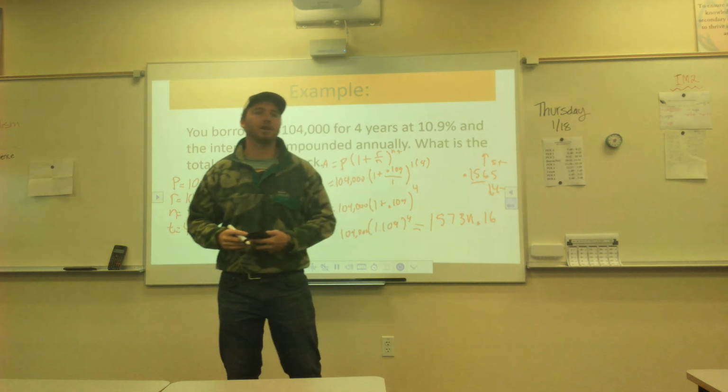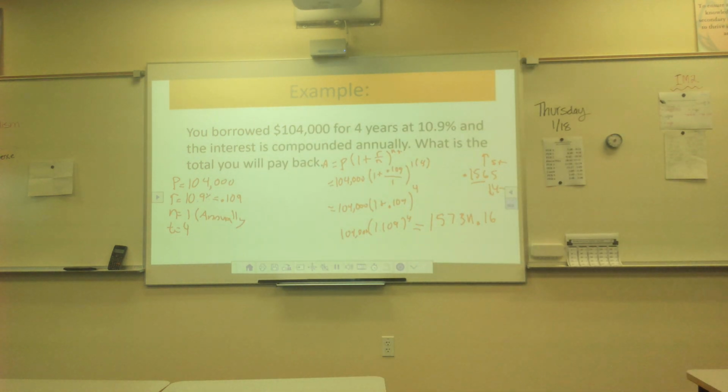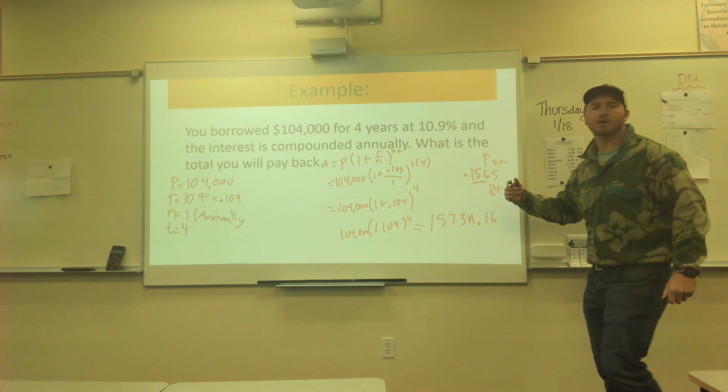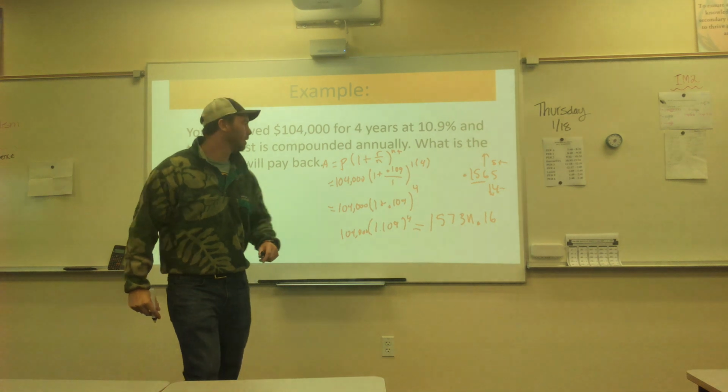You don't want to lose any money. Let me get you back your calculator. If you are good enough with your calculator and you can do that, setting it up is the hardest part, and typing it in.